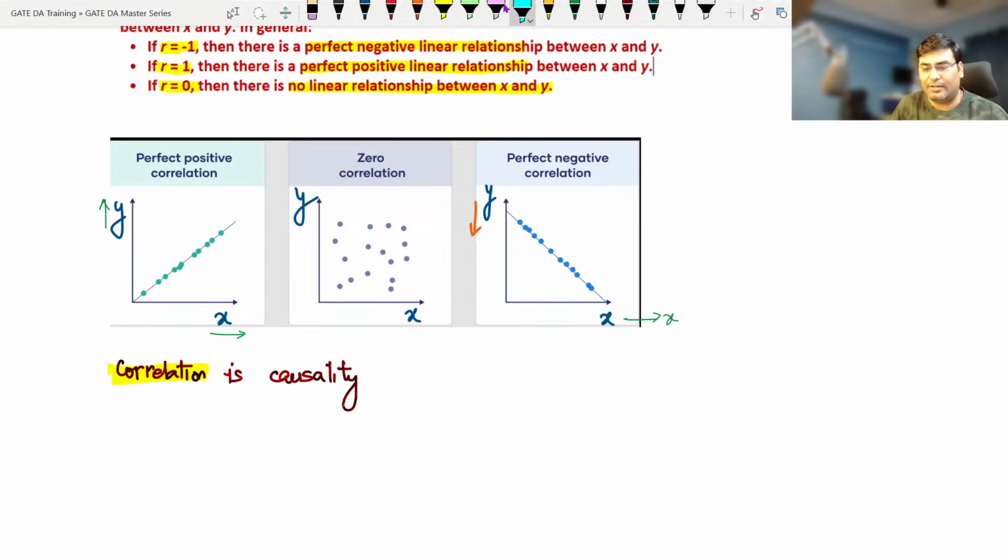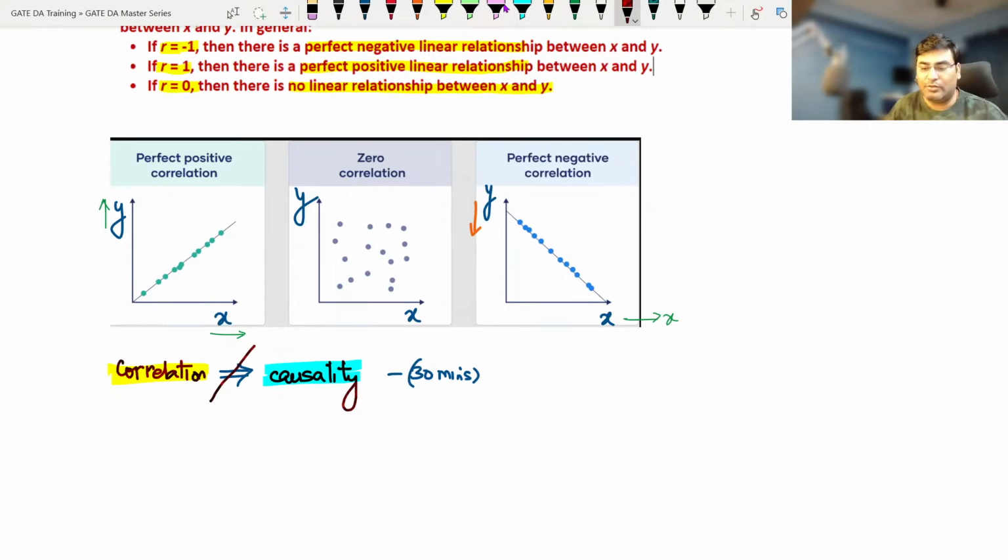Generally, in our typical GATE, DA paper sessions, we have a dedicated 30 minutes of discussion on that. Correlation doesn't lead to causality. So the answer is not that correlation means causality. Actually, correlation is not equivalent to causality. Let me just update it.